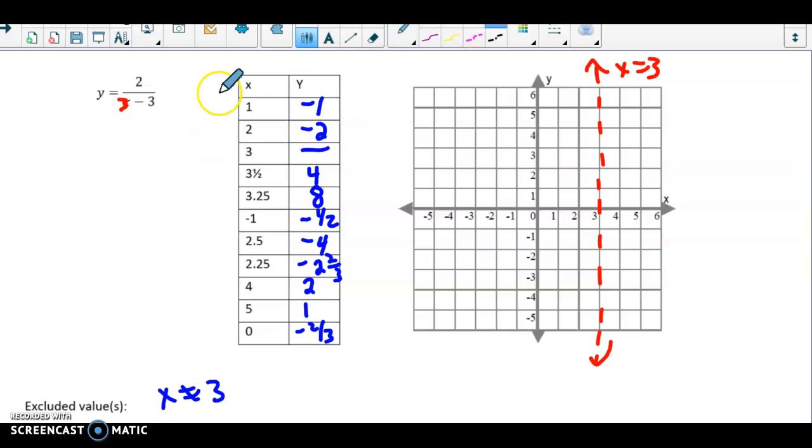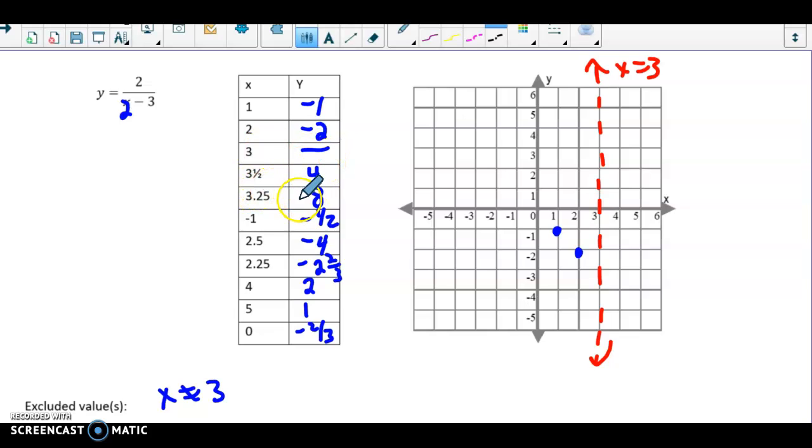Then I just stuck numbers in. I put 1 in. 1 minus 3 is -2. 2 divided by -2 is -1. So I have (1, -1). I put 2 in. 2 minus 3 is -1. 2 divided by -1 is -2. I tried to put 3 in, didn't work.